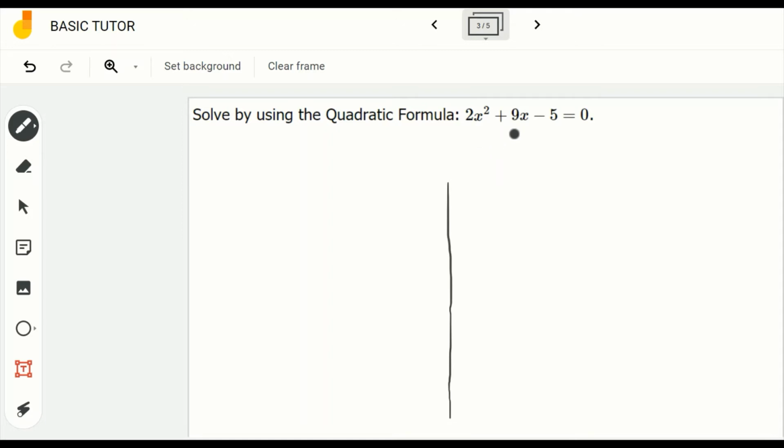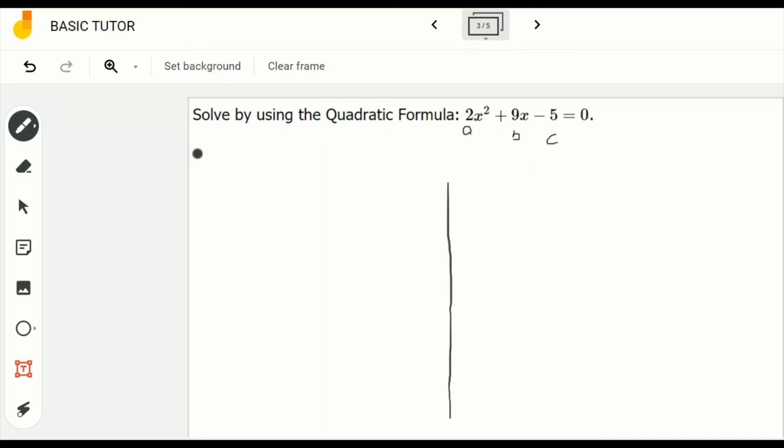From this equation we can see that a is 2, which is the coefficient of x squared, plus 9 is our b, which is the coefficient of x, and our minus 5 is our c. So it's very important to be able to identify the coefficients of the equation.